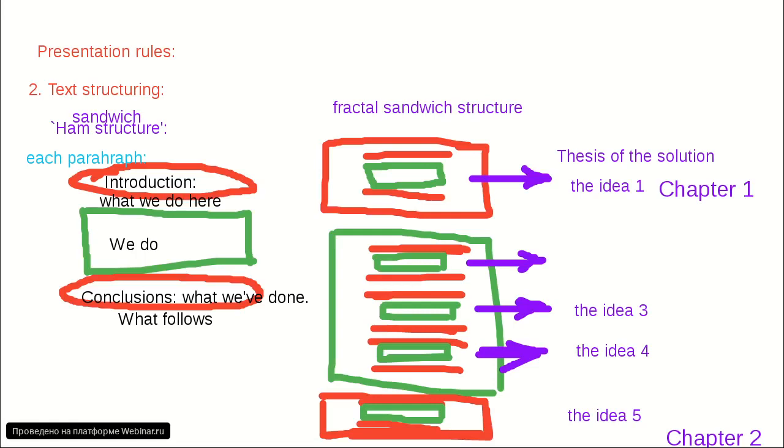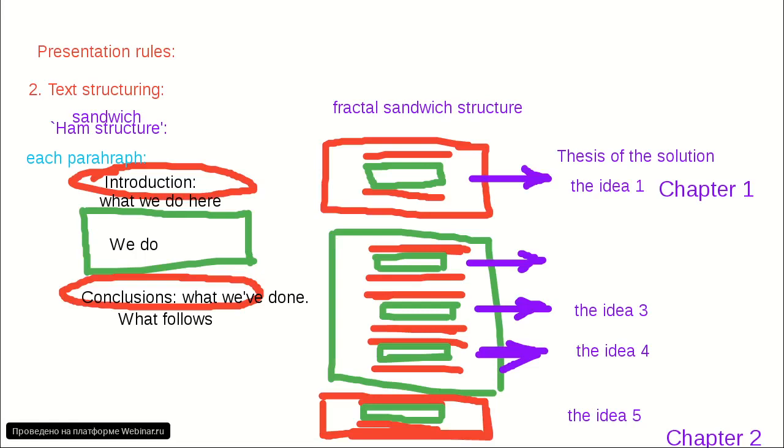It is the main part of the sandwich. So if we consider any particular paragraph of the text, we have an introduction, or part of the text where we make a sort of promise of what we will do here. So we explain what we do here.